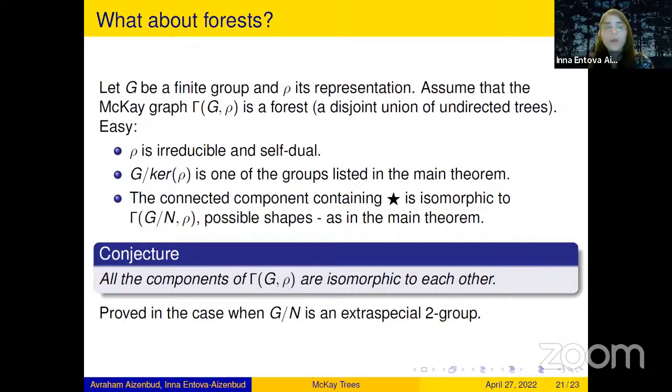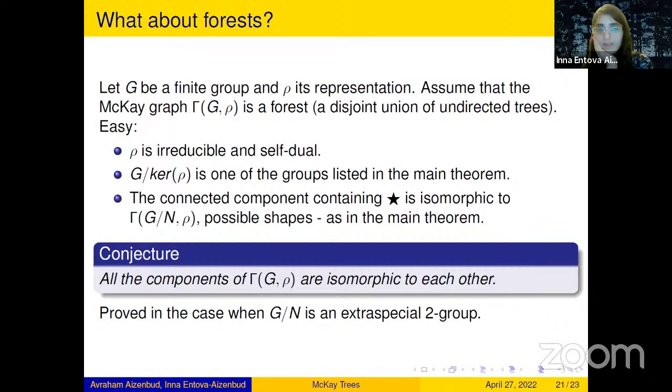But a conjecture which we have is actually that this is the only picture which we can get, namely that the components of the McKay graph, which is a forest, must all be isomorphic to each other. So we cannot get different components which are non-isomorphic trees.